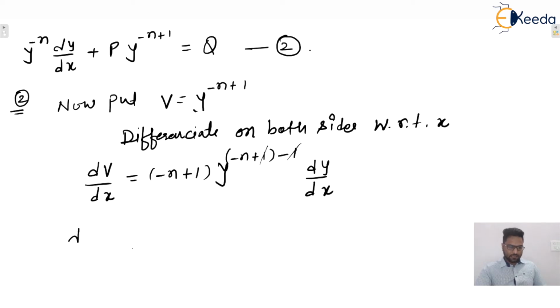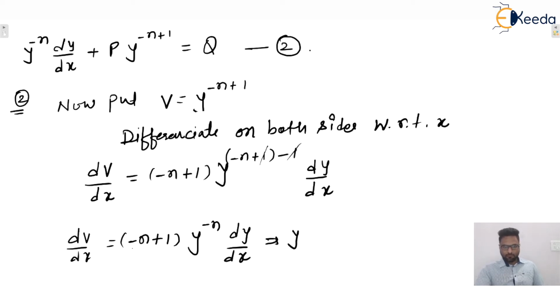So this becomes dv by dx equals to minus n plus 1 into y raised to power minus n dy by dx. From here, y raised to power minus n dy by dx becomes 1 upon 1 minus n into dv by dx.